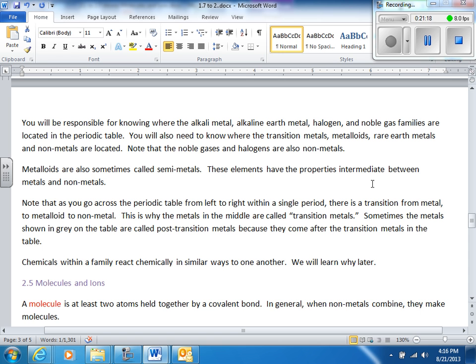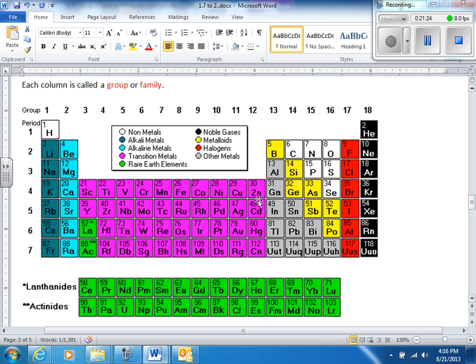Metalloids. These have properties intermediate between metals and nonmetals. And also note, if you go across a period, a row, you go from metal, transition metal, semi-metal, non-metal. So we're transitioning from pure metal to a transition metal, semi-metal, non-metal. Every row does this. Metal, transition metal, these are actually post-transition metals, semi-metal, non-metals.